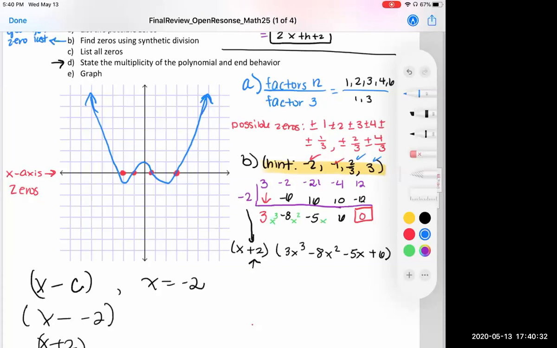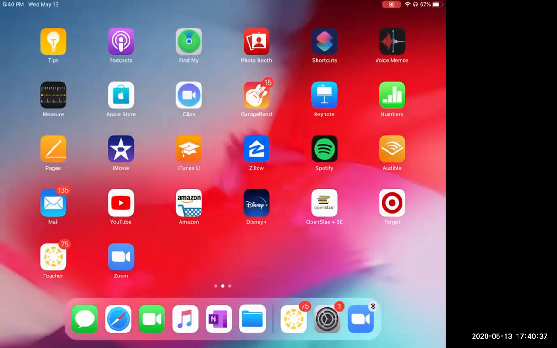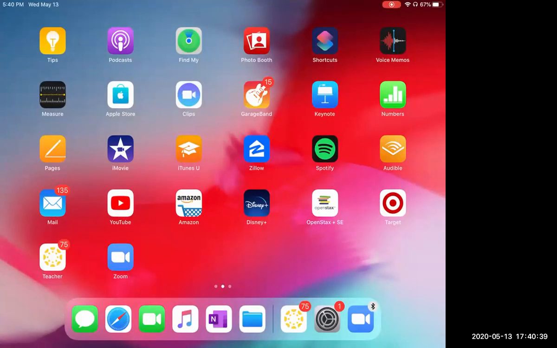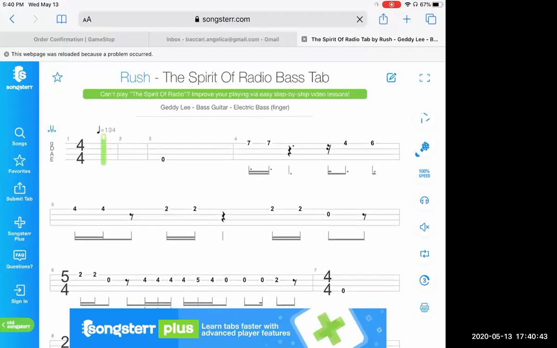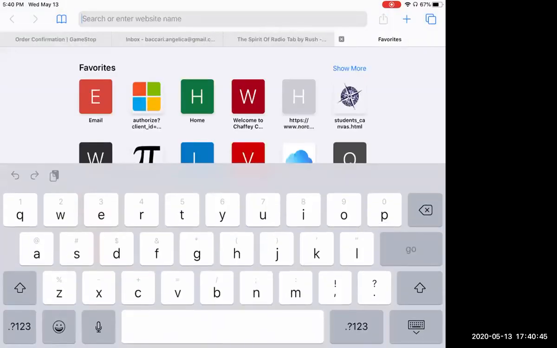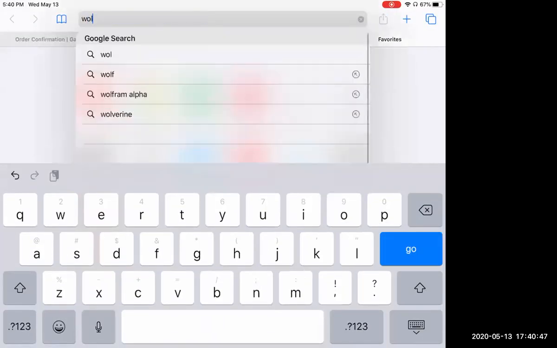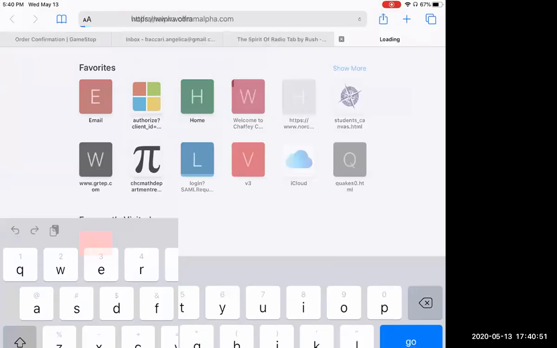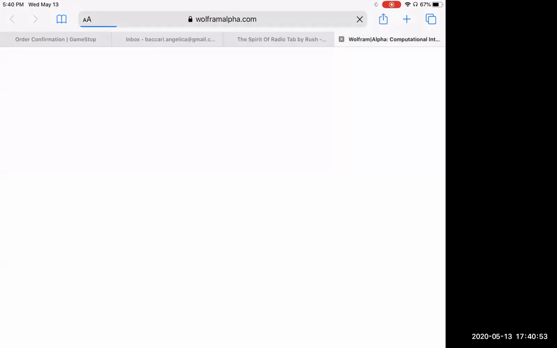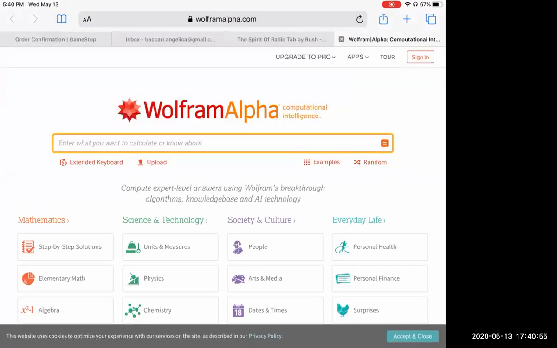And you can even check your answers. Something you can always do is go on a website. If you have more math, this website is really helpful: Wolfram Alpha. You can type in your equation and it actually gives you the answer.